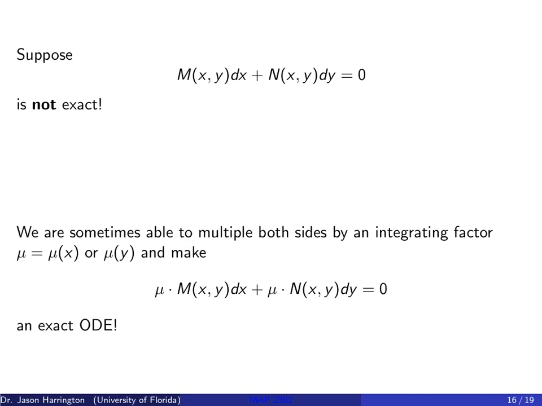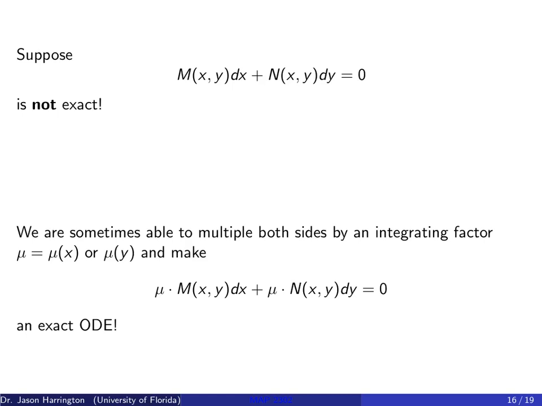So it doesn't actually work out. If you test it, it won't be exact. So here's the thing that we can do. We can sometimes just multiply through by an integrating factor. And I sort of gave away the big surprise, but you want the integrating factor, and you'll see why, to be in terms of either x or y.